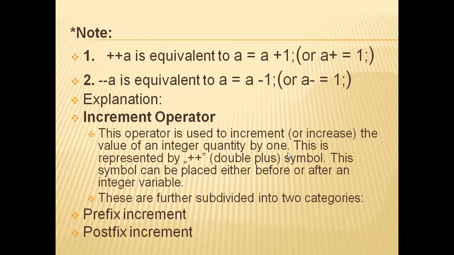To represent the increment operator, we use the symbol plus plus, the double plus symbol, and this symbol can be placed either before or after an integer variable. These are further subdivided into two categories. One is prefix increment and the other is postfix increment.